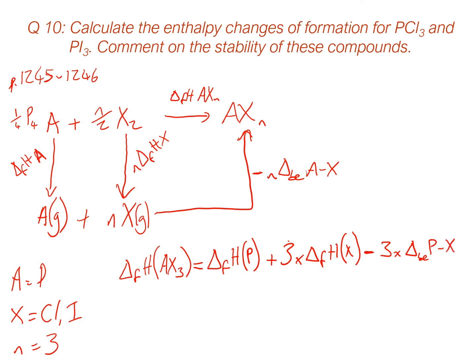So either 3 times the phosphorus-chlorine bond enthalpy or 3 times the phosphorus-iodine bond enthalpy. And remember, we're minusing this value because we're creating the bonds and not breaking them.